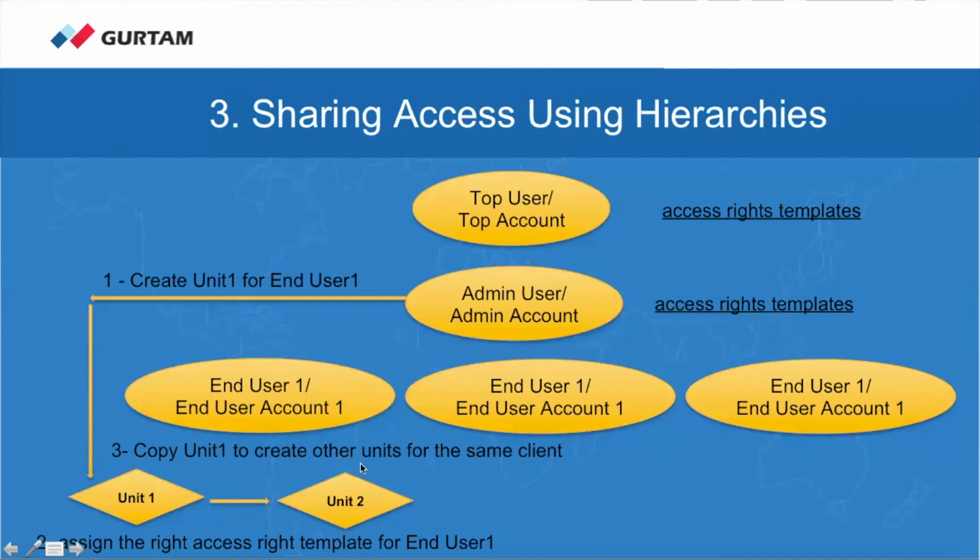So create unit 2 by making a copy of unit 1. This way, end user 1 will have the same rights to unit 2 as he has to unit 1. So he will automatically acquire the demo access rights to unit 2. This is the best way to create all new units, making sure that your end users have the right access to the units and unit groups as well.